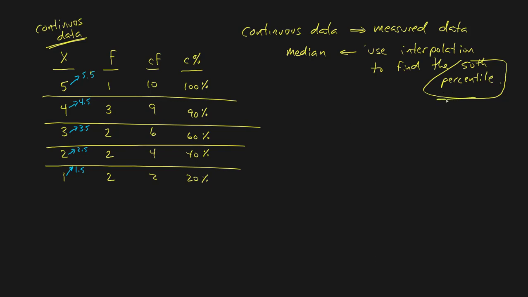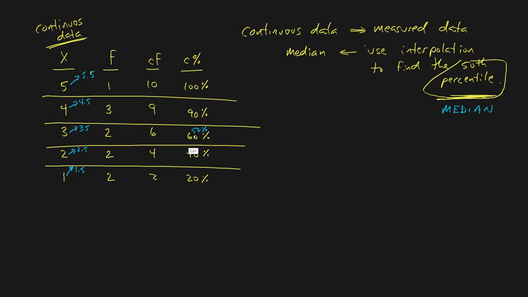Now what we need to find is the 50th percentile. When we find that, the 50th percentile is the median. But you can see that the 50th percentile is not listed here. If this one, instead of saying 60, actually said 50%, what that would mean is that my median corresponds to this number here, the 3.5. But it doesn't say 50, it says 60.